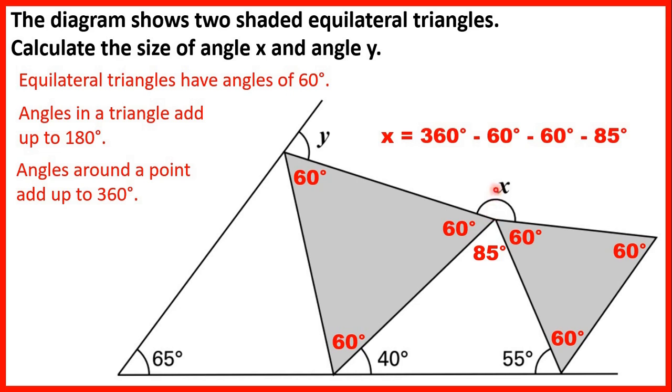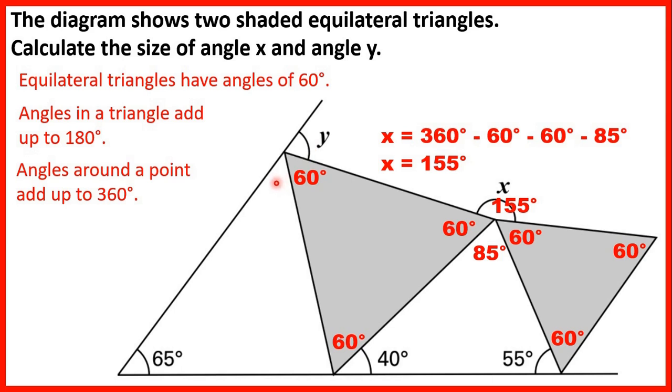So we can work out 60 plus 60 plus 85, so the total of the angles that we have, and that's 205. And if we have 360 minus 205, that gives us 155 for angle X.